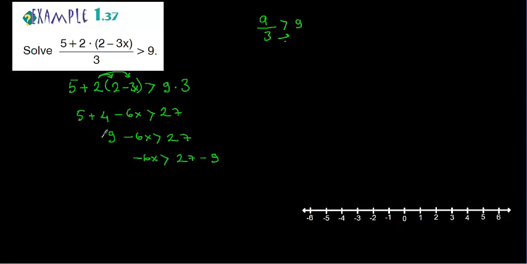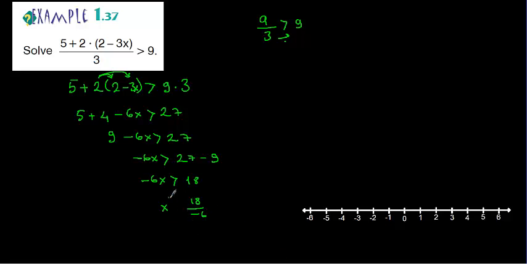This is plus 9; when it goes to the other side, it becomes minus 9. Minus 6x greater than 18, and x is greater than 18 over minus 6. Sorry, I have to change the sign.